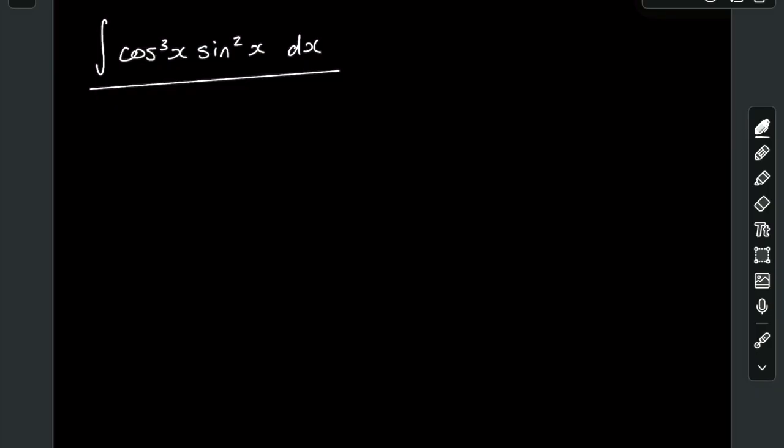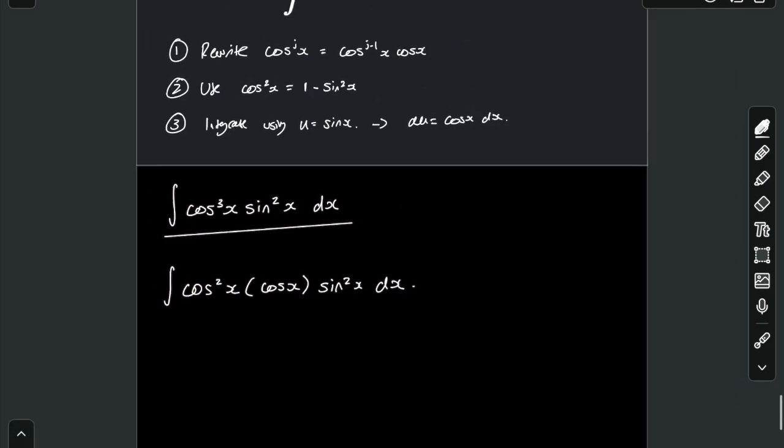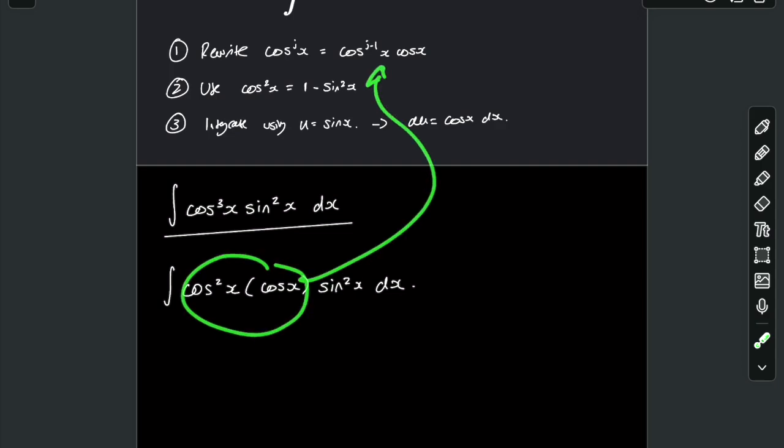Alright guys, quick example of when the exponent on the cos side is odd now. So what do we do? Well, we're going to have cos^2 x cos x sin^2 x dx to start with, because remember, step 1.